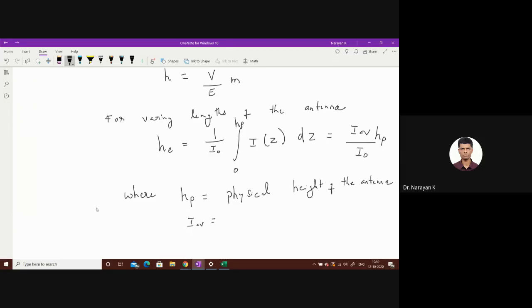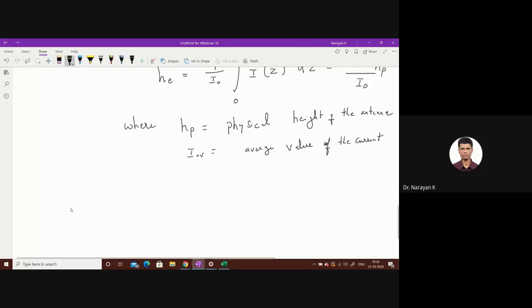I average is the average value of the current. I naught is equal to the maximum value of the current.